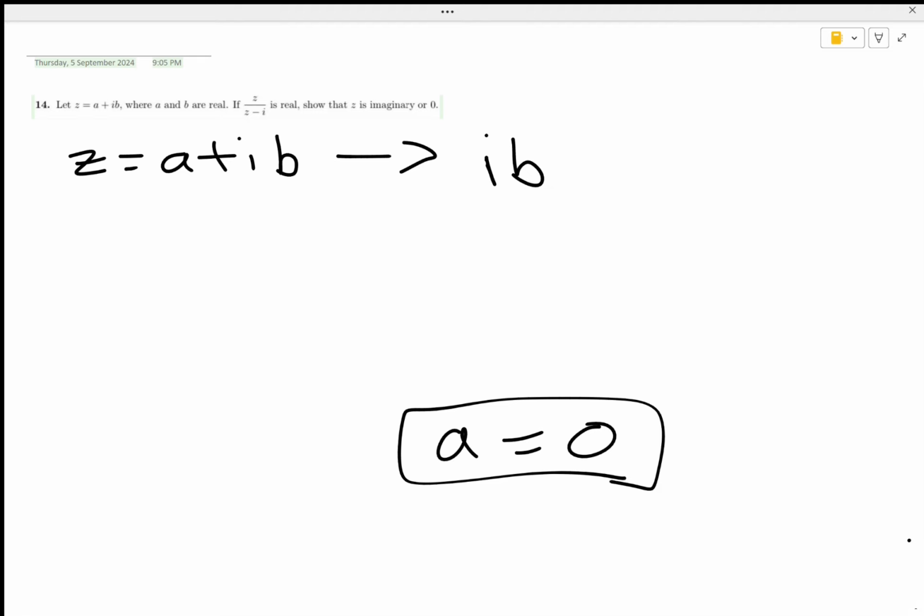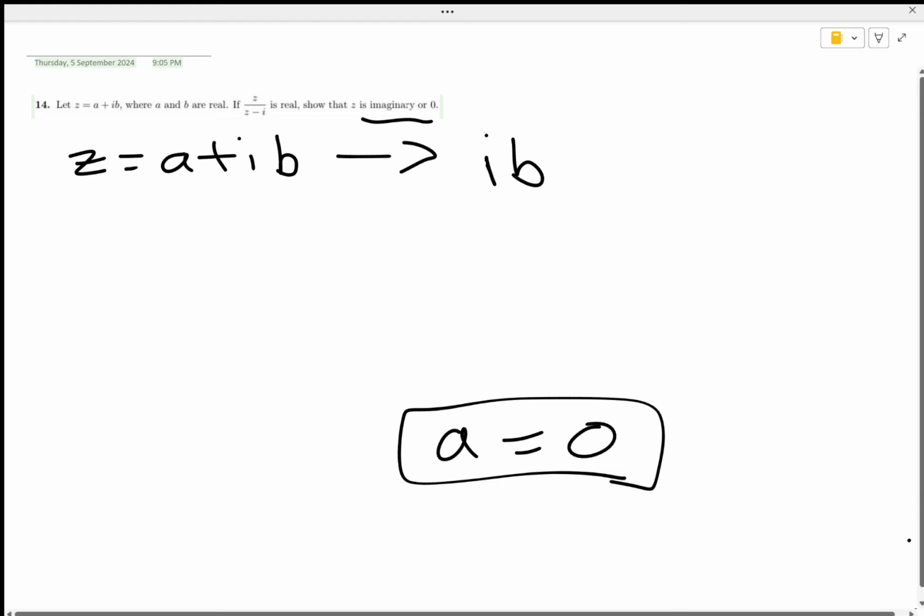And so i is imaginary, which makes b a multiple of an imaginary. And we've made Im equal to 0, so that a and b are real. So yes, z over z minus i would be pure imaginary or 0.